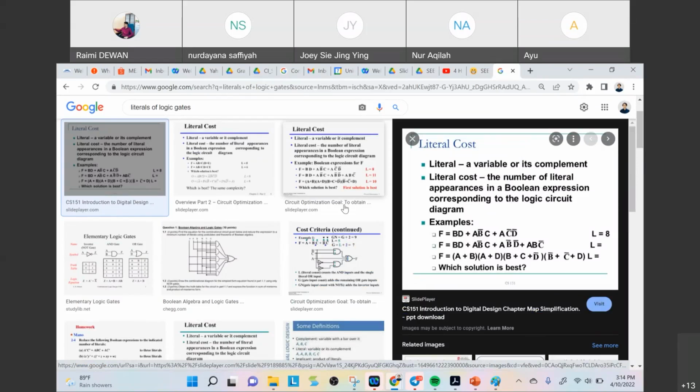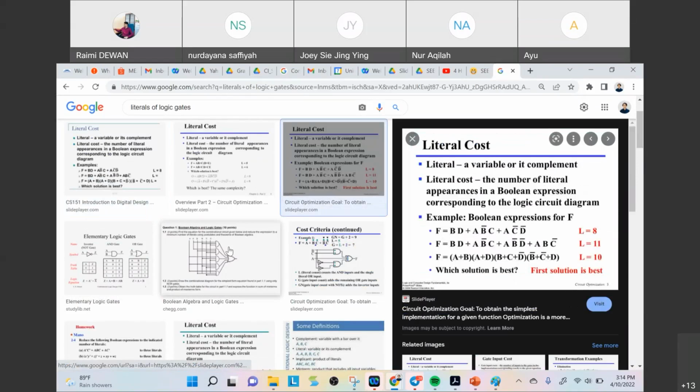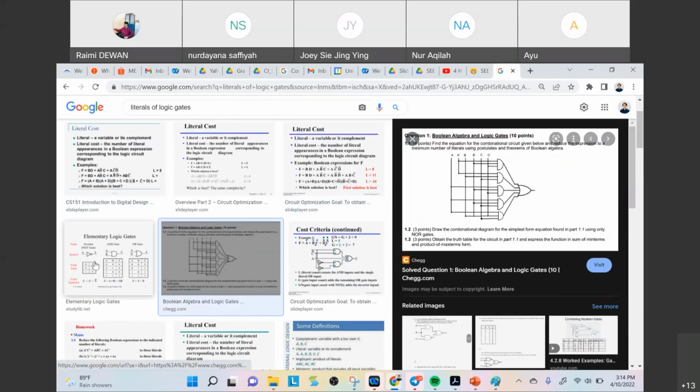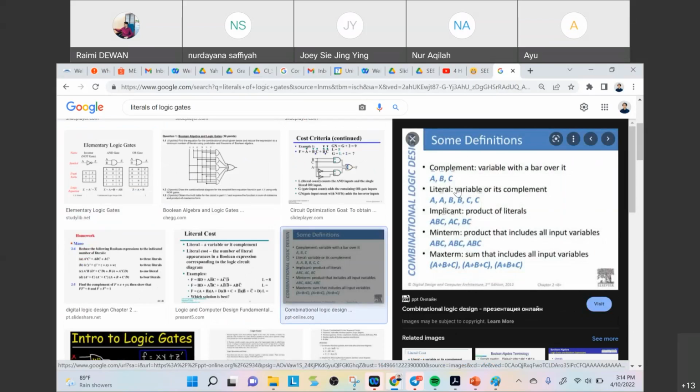It's considered as a literal. Where is the literal? This is a complement, a variable with a bar over it. So you have A bar, B bar, and C. A literal is a variable or its complement. This one is 1 literal, this one is 2, and so on.